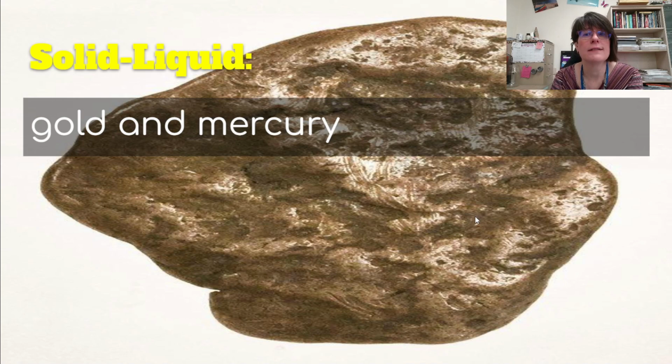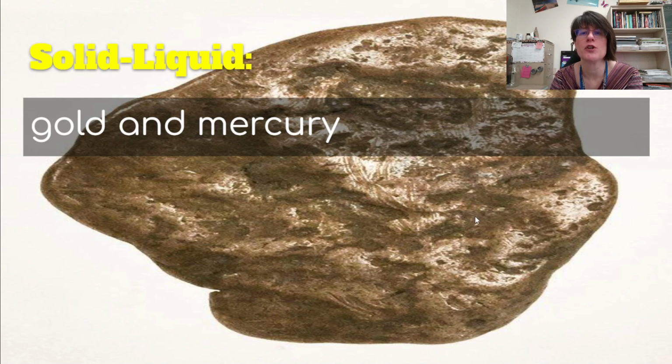You can have a solid-liquid solution. An example is gold and mercury, which was a solution that was used for gold mining to purify gold. Also, when we have a mercury solution like this, it's an amalgam, and that's what used to also be used for fillings.